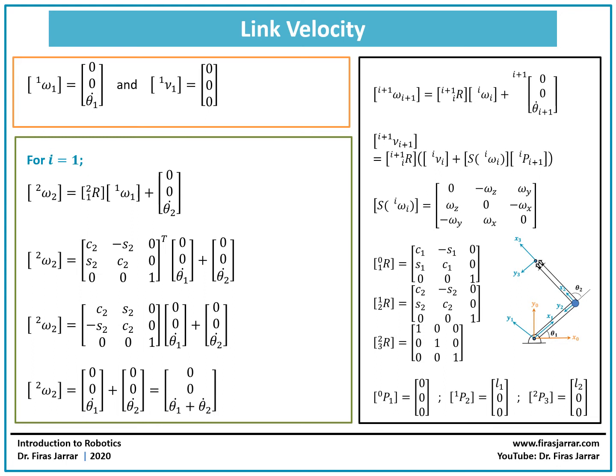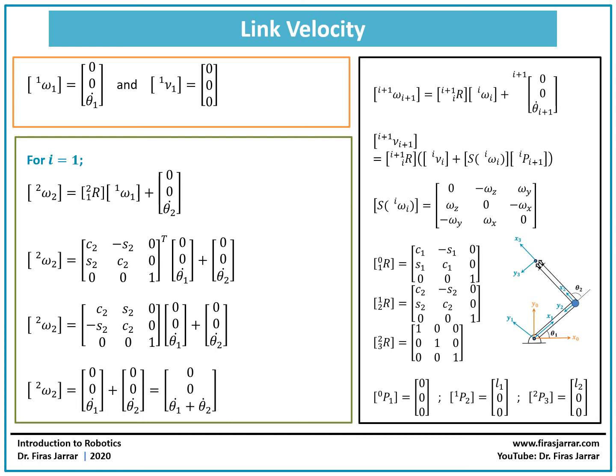One thing to notice is that I had a superscript of 1 here, meaning that theta 1 dot was about the z1 axis. However, after multiplying it by this matrix, the superscript became 2. Why is that? It's simply because this matrix is the rotation matrix that describes frame 1 with respect to frame 2.